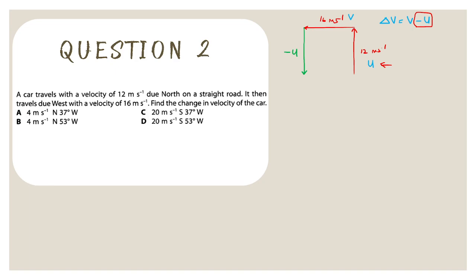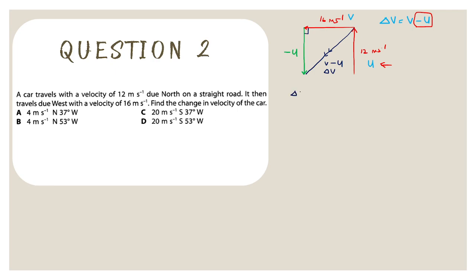So here is a triangle that we want to find. This is 90 degrees, so this is v minus u. To get the change of v, you have 16 and you have 12.